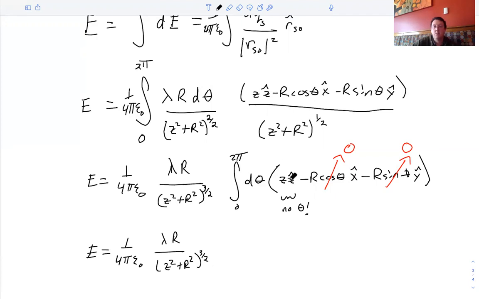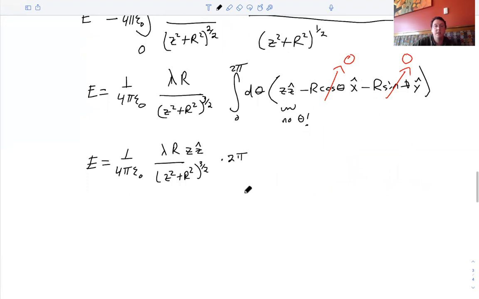Now what happens with this integral? Well, the constants come out, so I can write z hat, that's a constant unit vector. And I'm left with just an integral over theta from 0 to 2 pi. That's just times 2 pi. Nice.